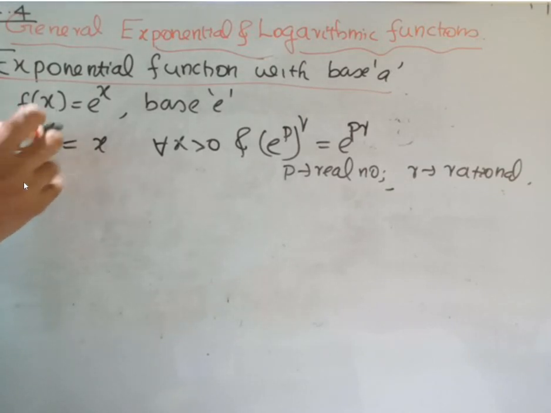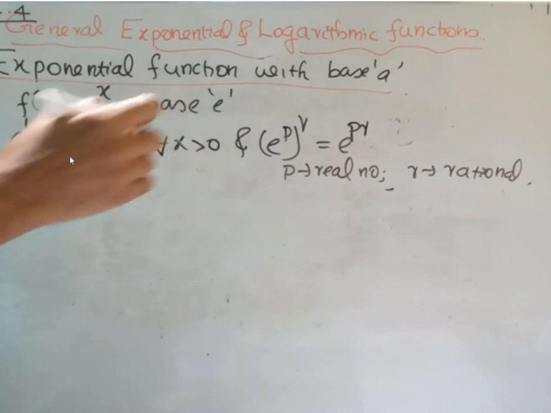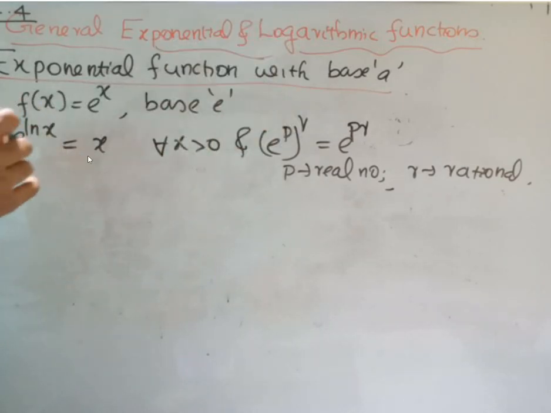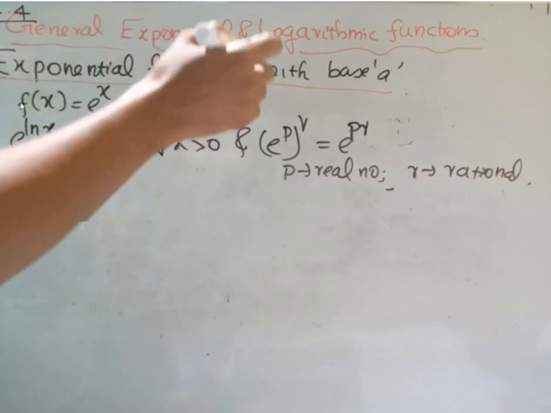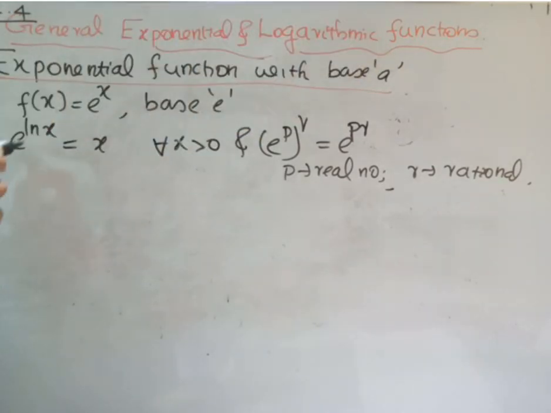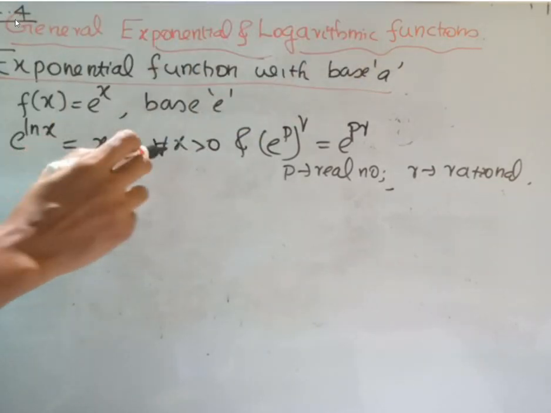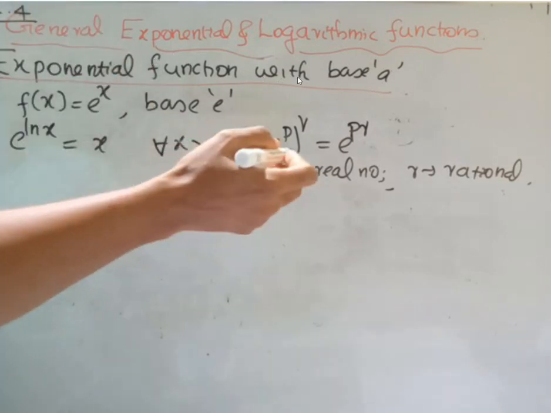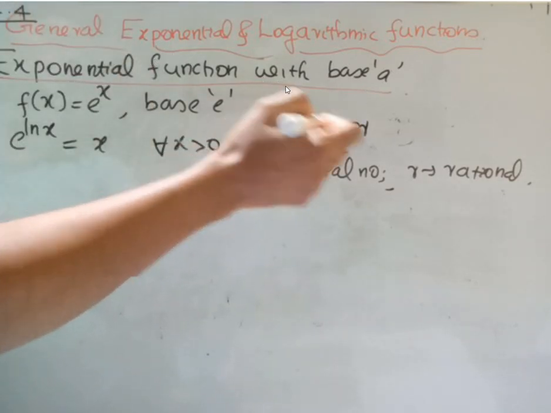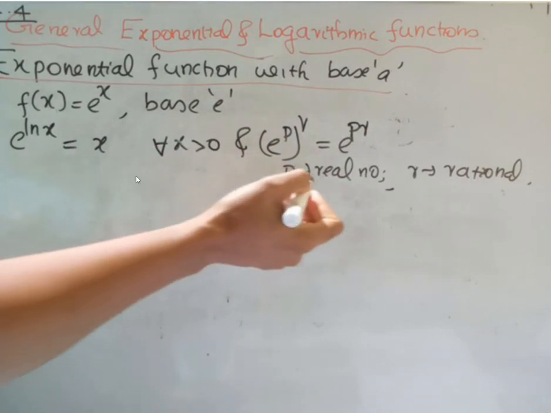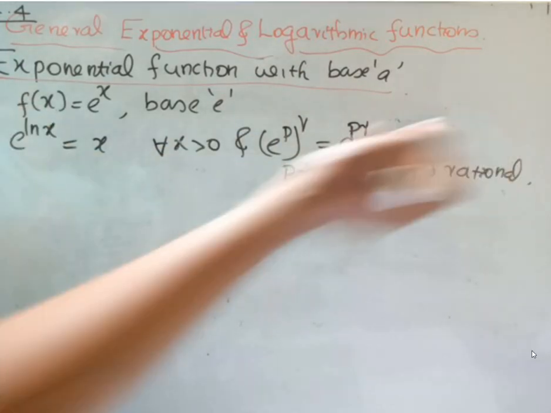Next, we have to remember one or two results for this definition. e raised to log x is equal to x for x greater than 0, and also (e raised to p) raised to r equal to e raised to p r, where p is a real number and r is a rational number.